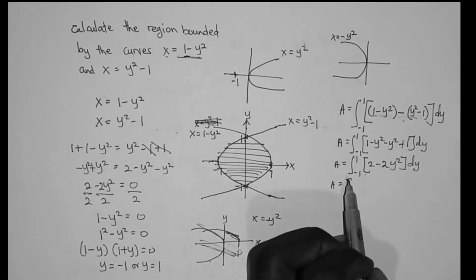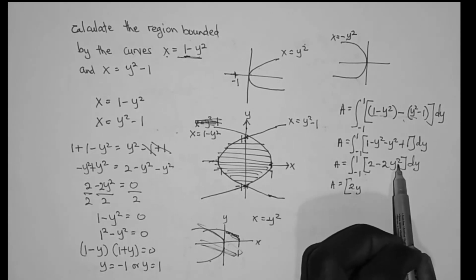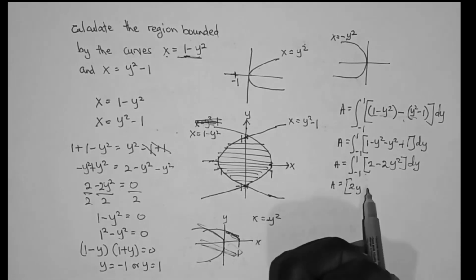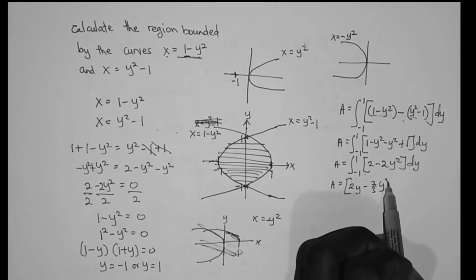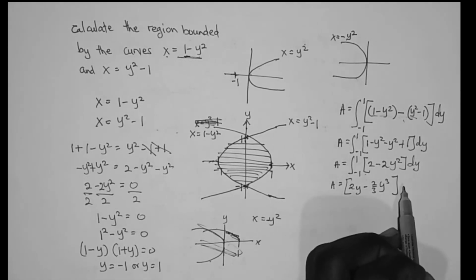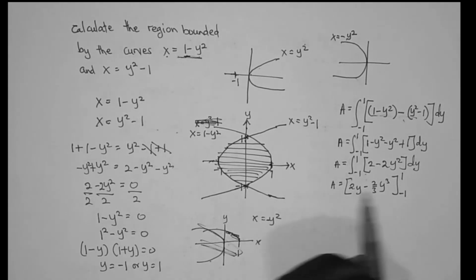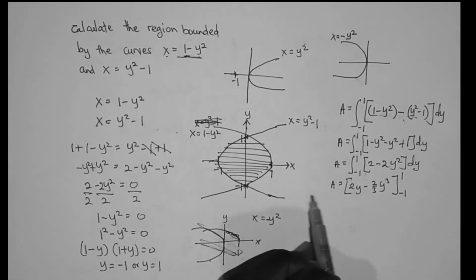So let's go ahead and do the integration. If you integrate 2, you will get 2y. And if you integrate minus 2y squared, it's equal to minus 2 over 3 y cubed. All of this is evaluated from minus 1 to 1. So let's substitute the limits and find the area.